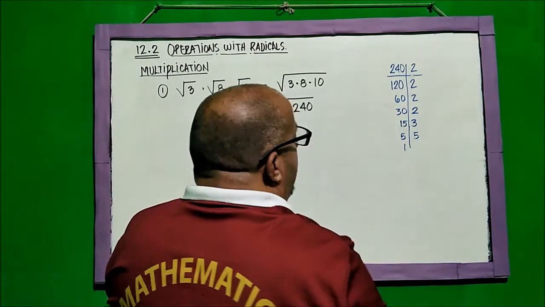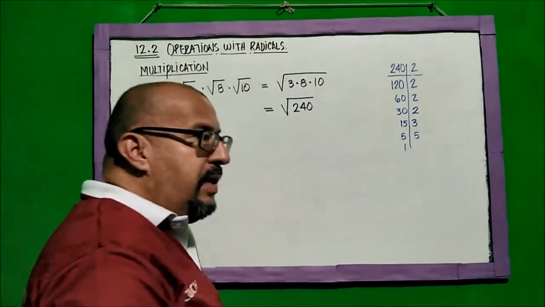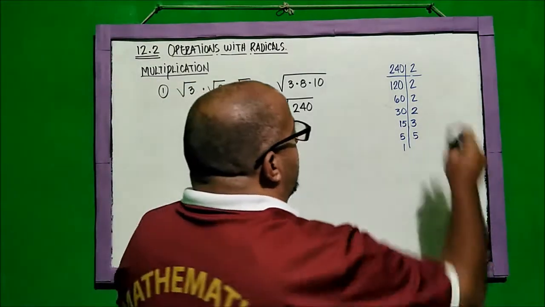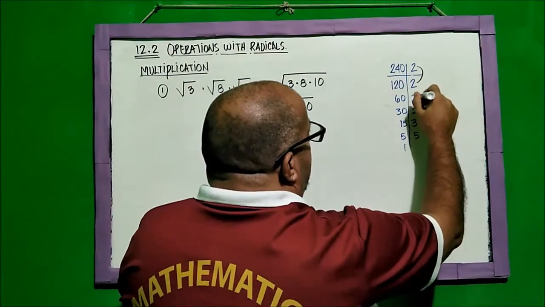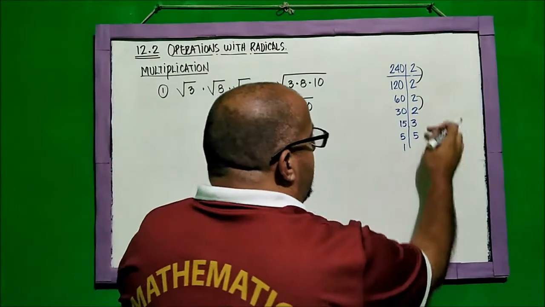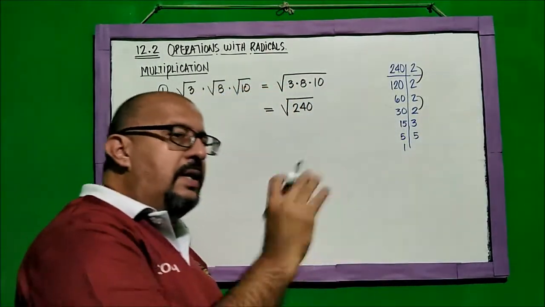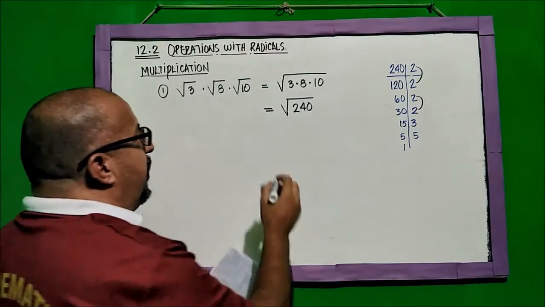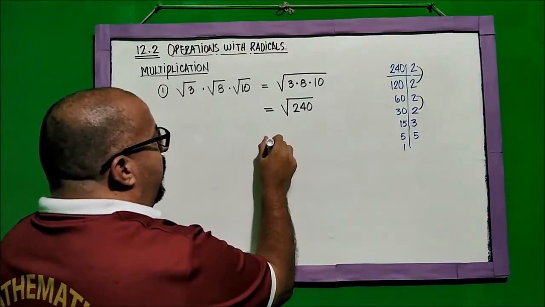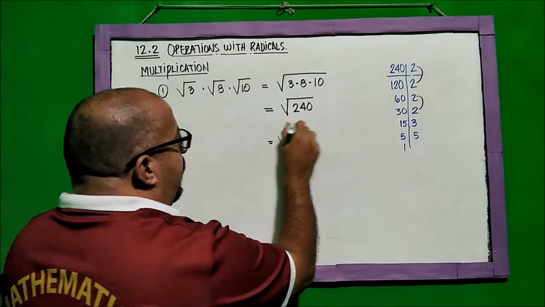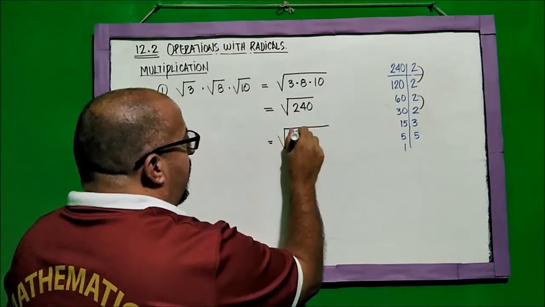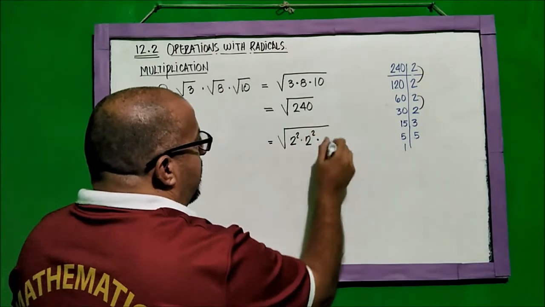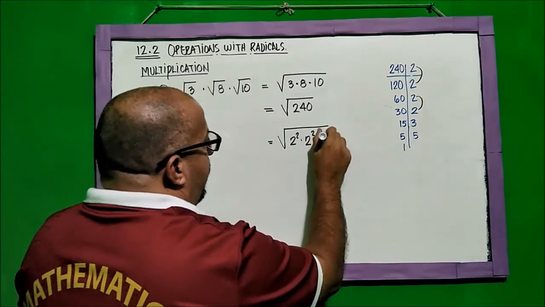So once we stop the process, we discover that we can create two pairs. And the pairs are going to be these ones: 2 times 2 and 2 times 2. 3 and 5 are single, so we can leave them alone inside a root doing a multiplication. So this will become the square root of 2 squared times 2 squared times the square root of 15.